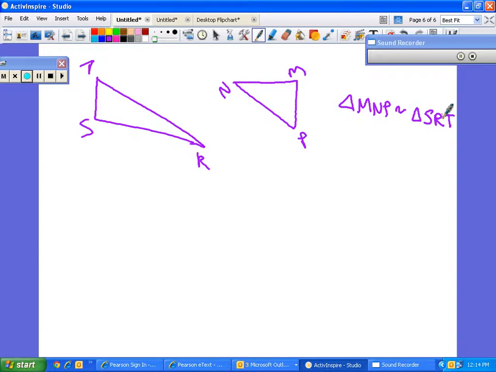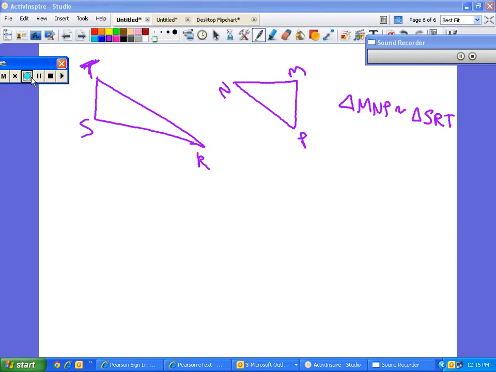So, yes, Bill. Here, that's a T. So by looking at the similarity statement, we say that angle M is the first angle in this triangle. Therefore, it's going to go with angle S, which is the first angle in this triangle.